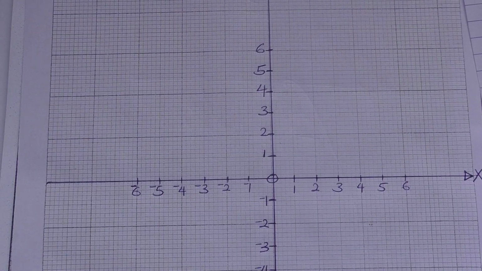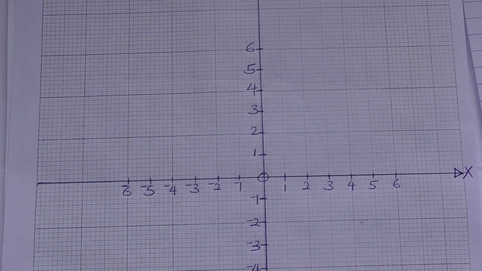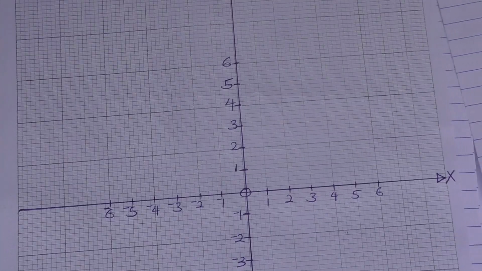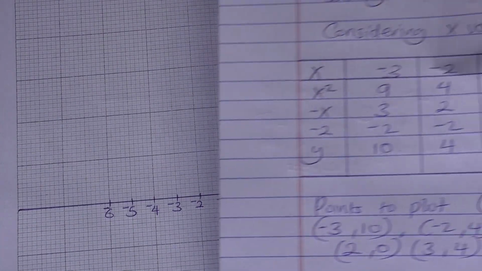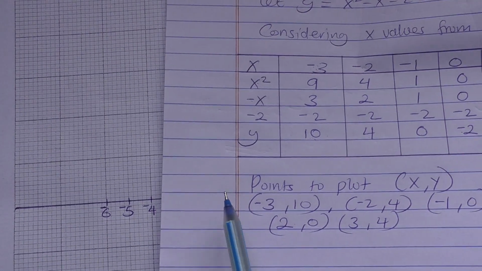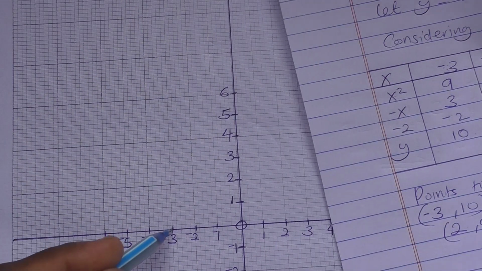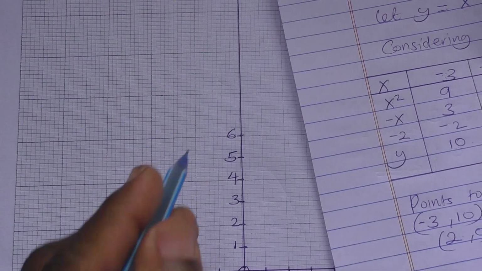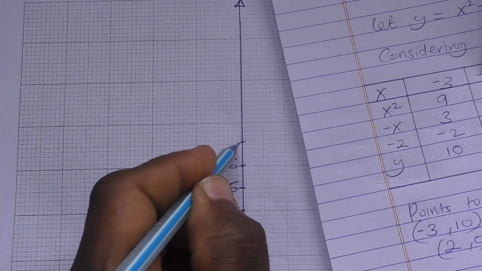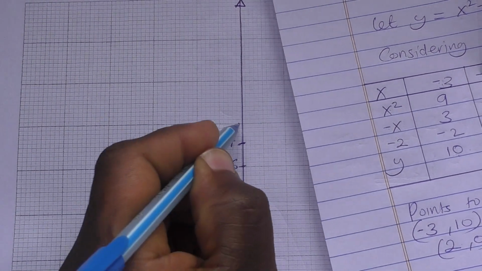So this is our axis. We are plotting points starting with negative 3, 10.